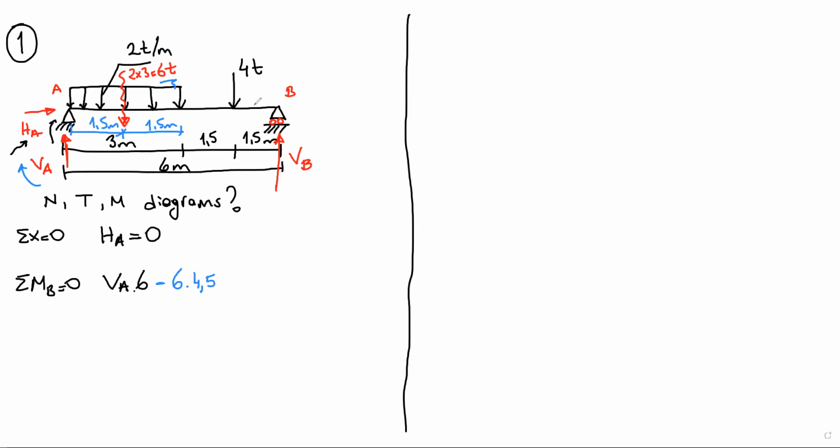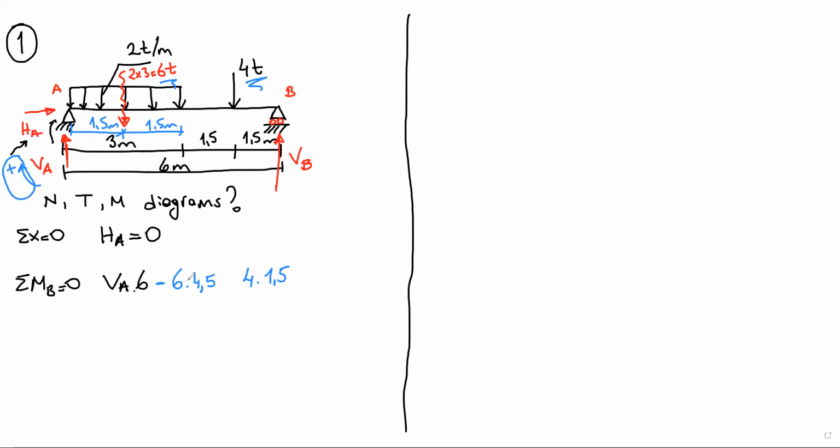Now we are going to do this point load, which is 4 times 1.5 to point B. Is it positive or negative? It's negative because our positive direction assumption is this one at the beginning. So 4 tons rotates the system in negative direction.